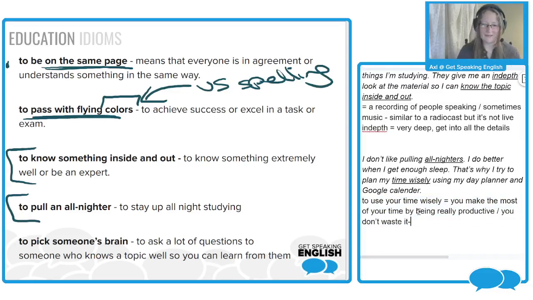And then lastly, to pick someone's brain. So if you pick someone's brain, that means that you ask them lots of questions. Typically they are an expert on something, or they know something really well, and then you would pick their brain to get some information from them.